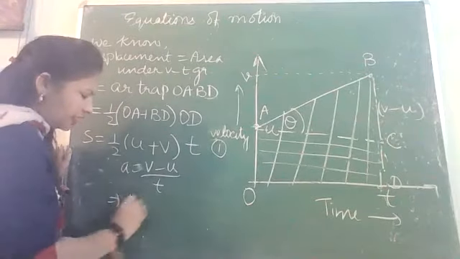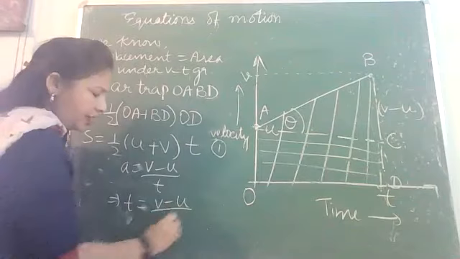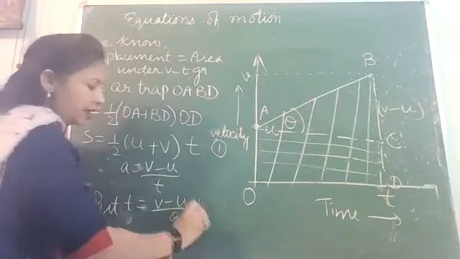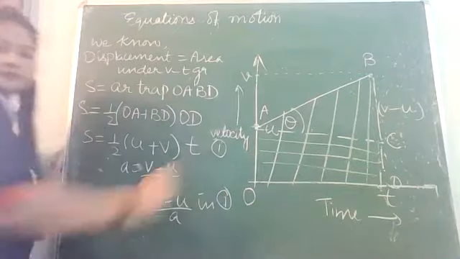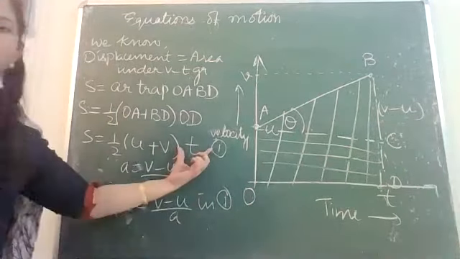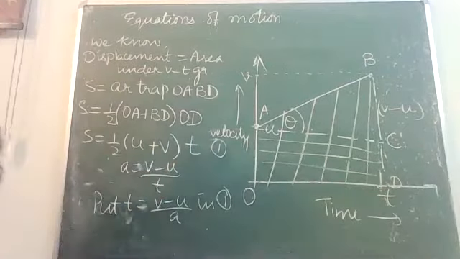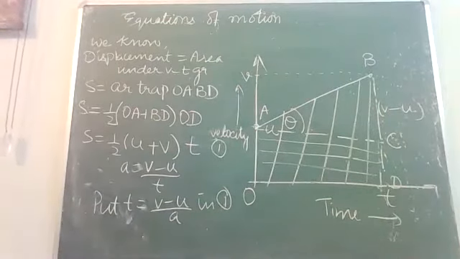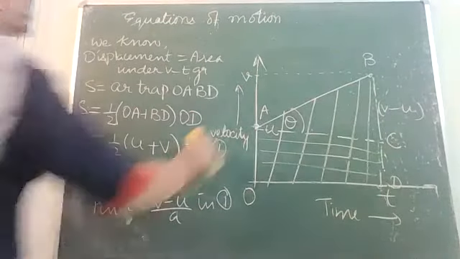So T becomes V minus U over A. Okay, so put this T in equation number 1. So we write this T as V minus U upon A.